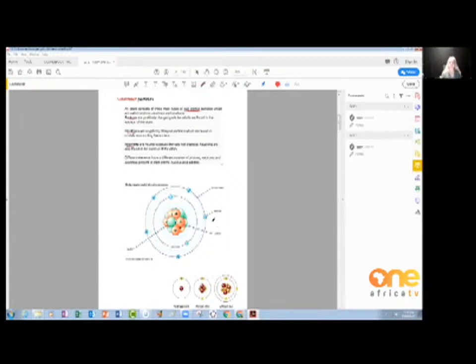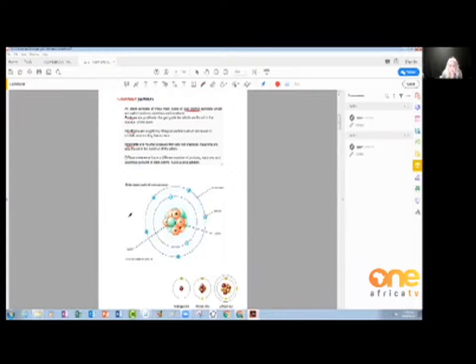Now, roughly, this picture that you see here is how we can represent very roughly an atom. This is not how an atom looks, of course, but this is how we can show it with a drawing to show the main particles and where they are. So we see that there are some big particles shown here in red and green, which make up the nucleus of the atom. All this part here is the nucleus.